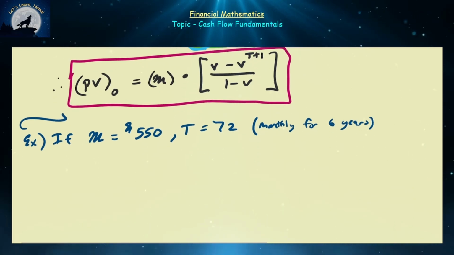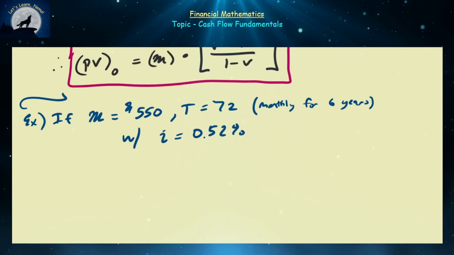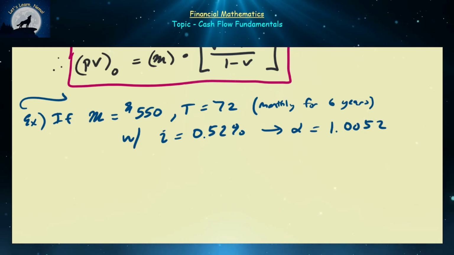Take a moment and think about what type of things you could buy with that. And let's also assume that the effective interest rate is 0.52%, possibly low, but that would mean that alpha would be equal to 1.0052.